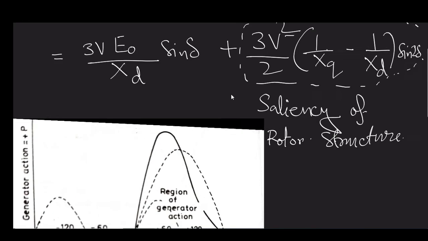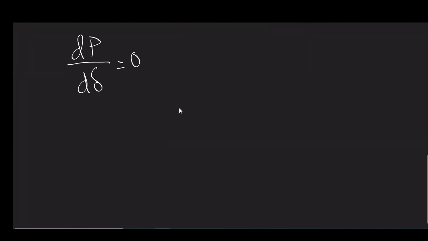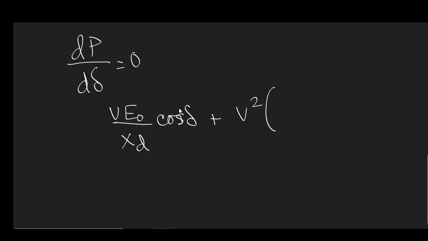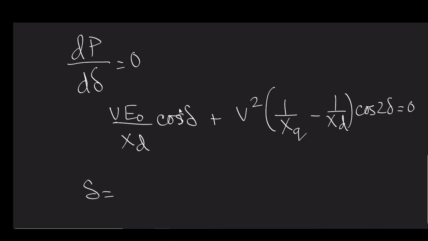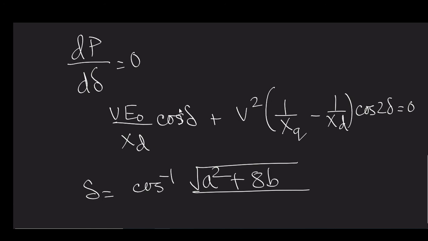Since the curve is smooth, we can do this dP d delta is equal to 0, and that will lead us to a case where V E naught by Xd cos delta plus V square times 1 upon Xq minus 1 upon Xd, cos 2 delta is equal to 0, which finally leads to a case delta is equal to cos inverse of root under a square plus 8b square, minus a, by 4b, where this term is our a and this term is our b.